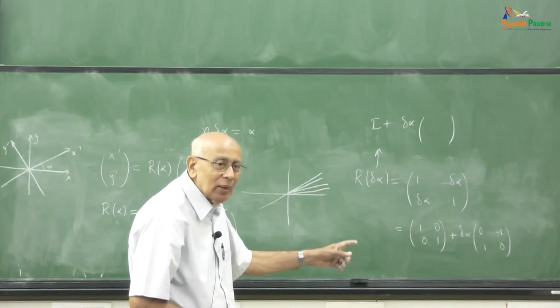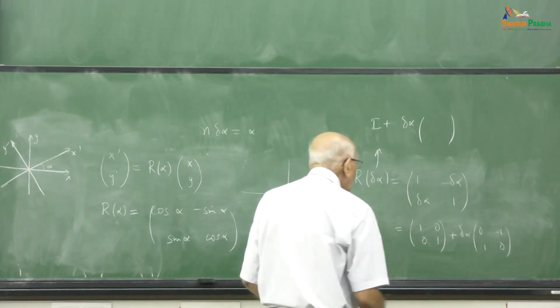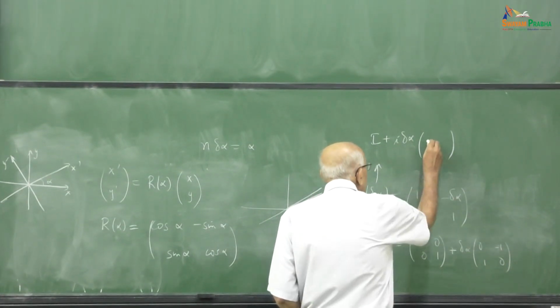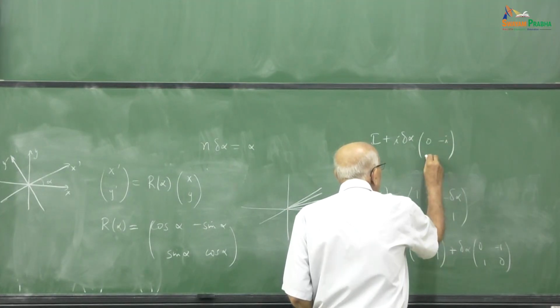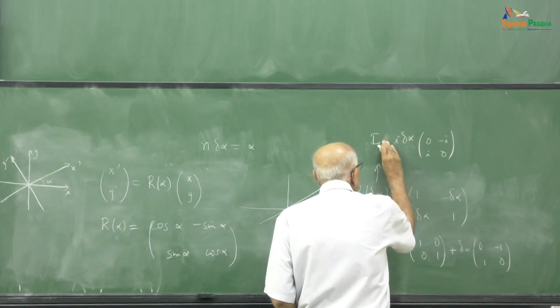So what should I do to get a sigma 2 there? Divide by i. So take out an i, and then you get a 0, minus i, i, 0 with a minus sign.